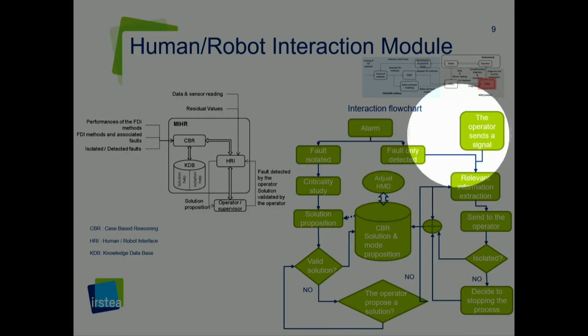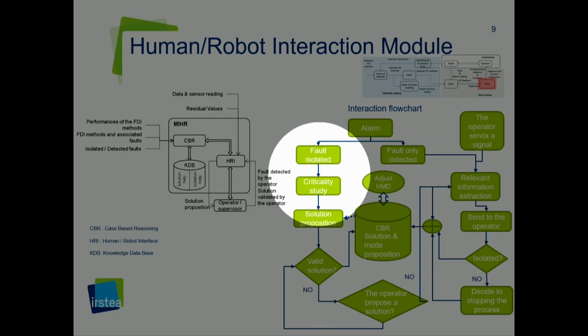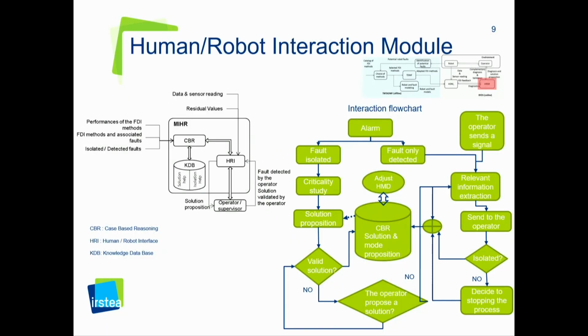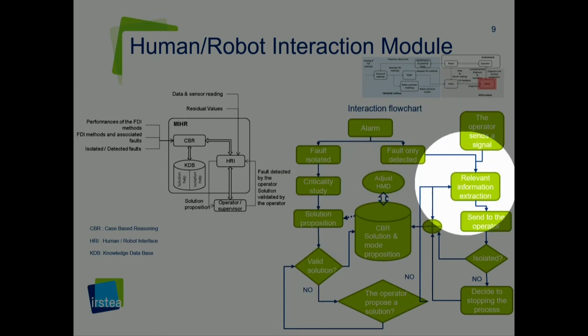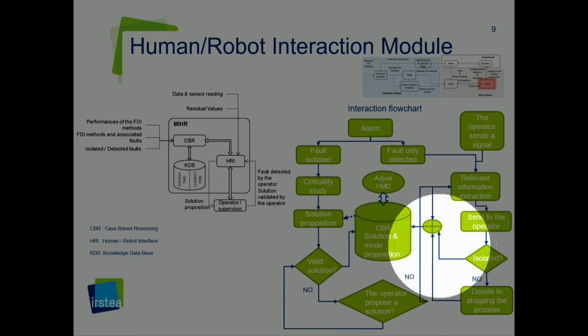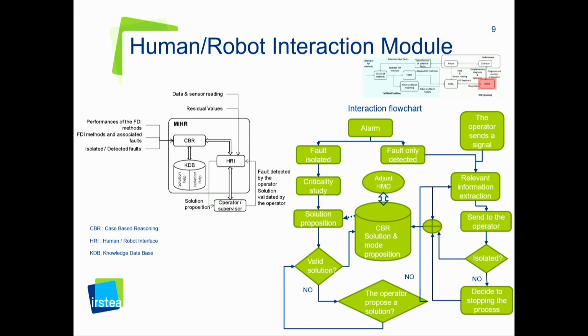Or in the case where the operator sends a signal, saying, wait a minute, something is wrong, but I don't know exactly where. In this case, we send the relevant information that we identify automatically depending on the actual state. And after, we help him with the history of his own decisions to isolate the problem.